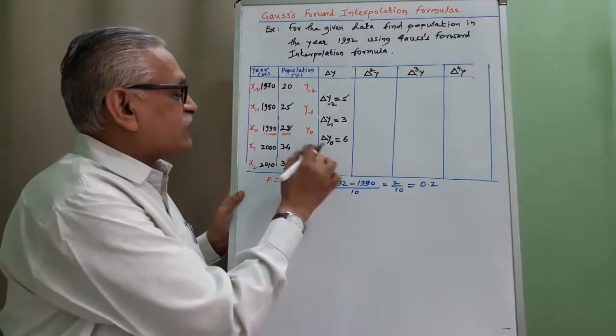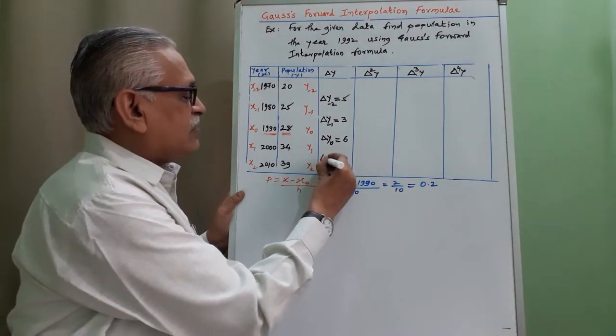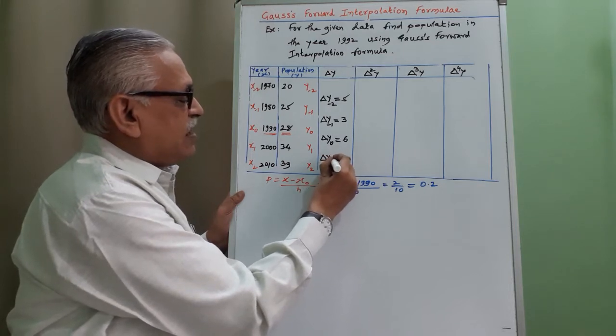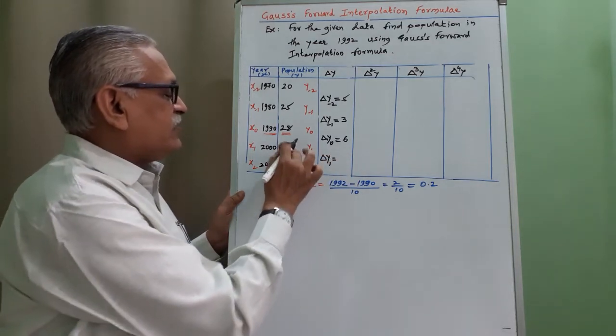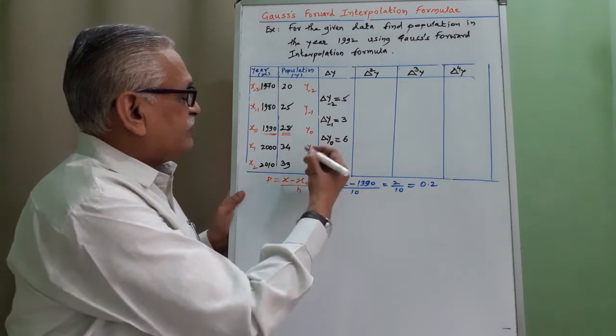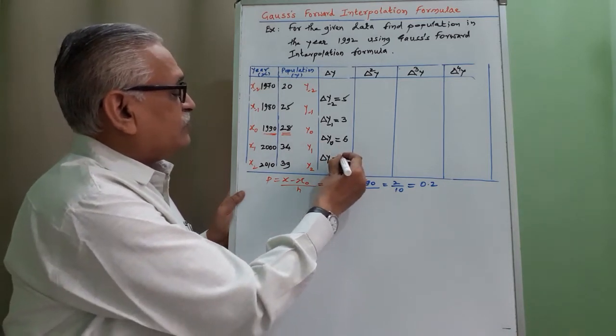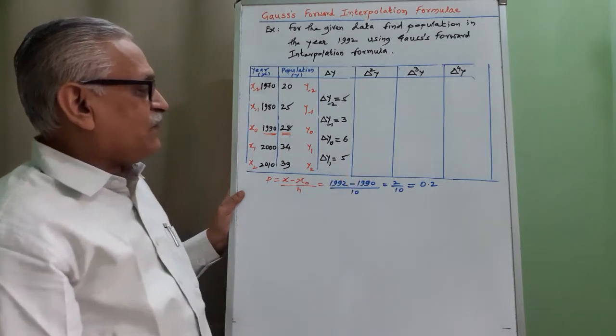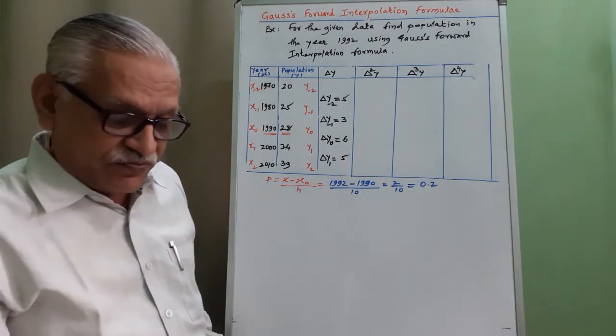Next, y2 minus y1 is del y1, and that is equal to 39 minus 34, we get that value as 5. The values are 5, 3, 6, 5.